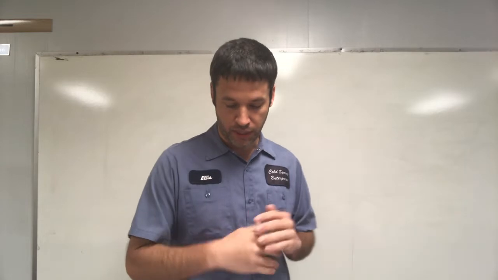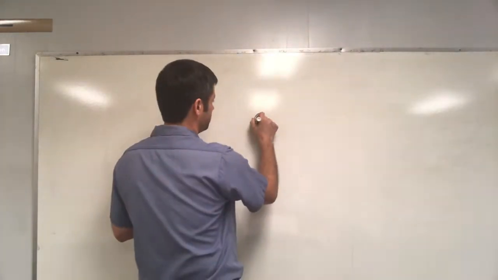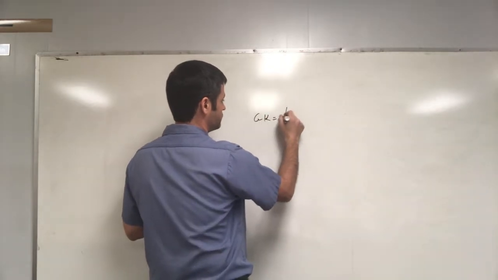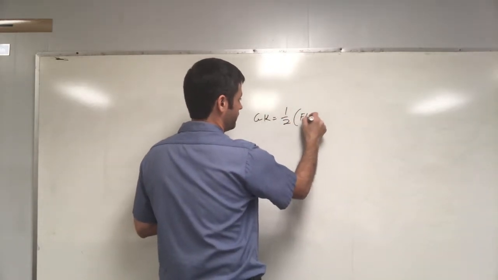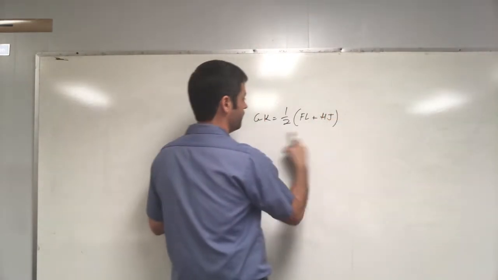There are a couple of ways you can do it, but if you just think about it a little bit, 16 (HJ) plus FL added together, and then half of that. So you can take 28 times 2, that's 56, and then subtract 16 off of that, which will leave you with 40. You can actually do the formula and say that GK equals 1/2 of FL plus the other one, HJ, and then fill that in.